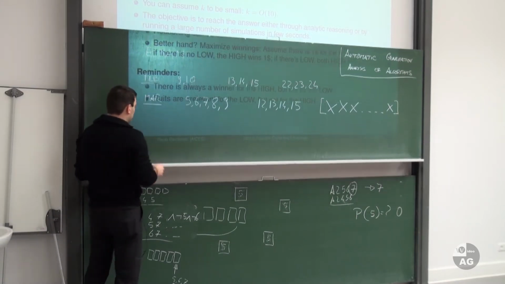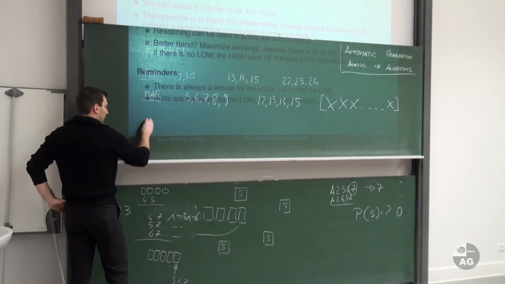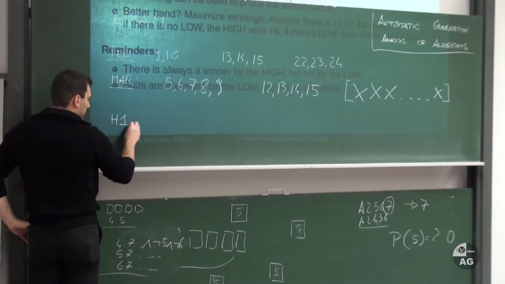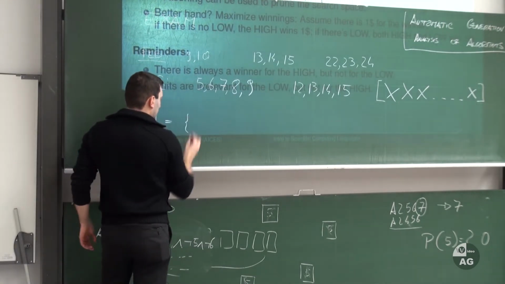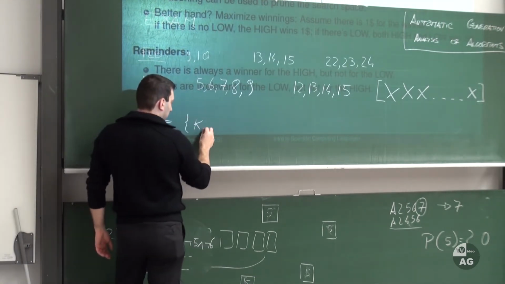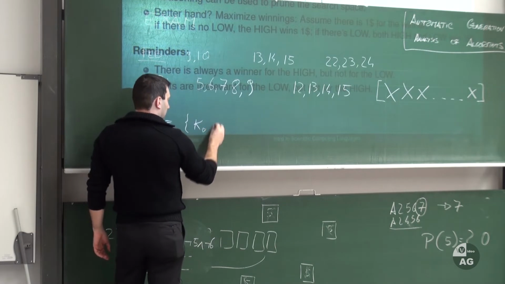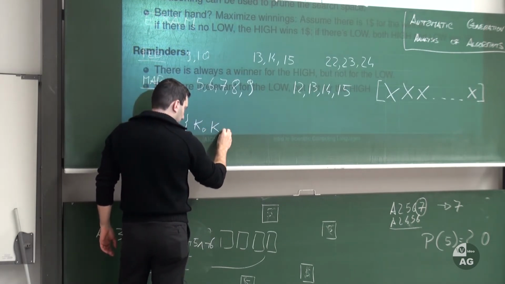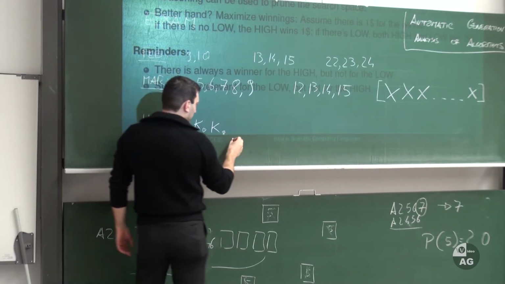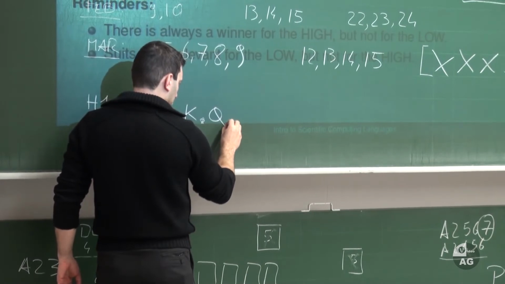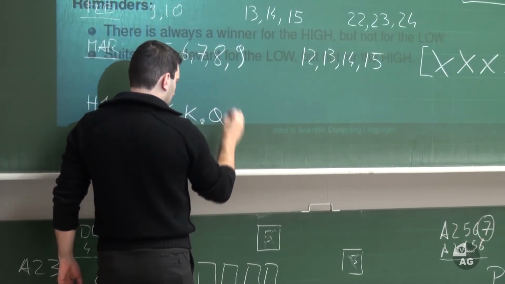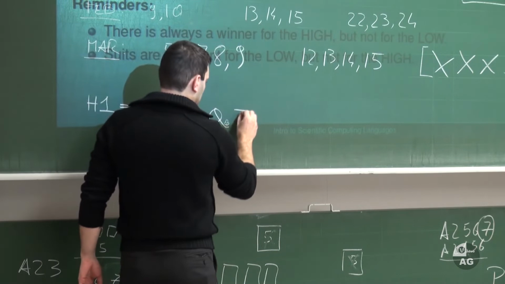So to answer you, let's say that you have hand 1. It's just a starting hand: king of hearts, king of spades, clubs, and queen of clubs, and jack.